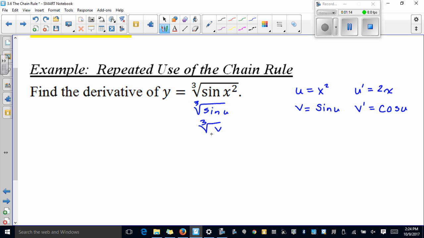And you can rewrite that if you must, v to the 1/3 power. So s of v is going to be v to the 1/3 power. So s prime at v is going to be 1/3 v to the negative 2/3. I was going to write 1/3, but it's negative 2/3.